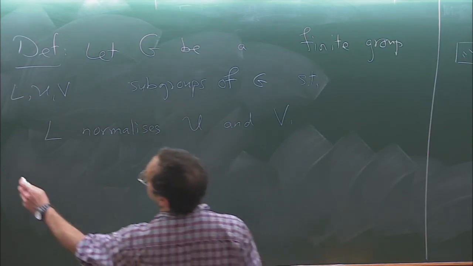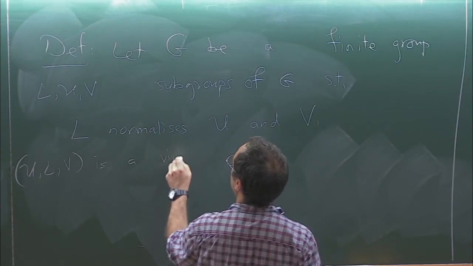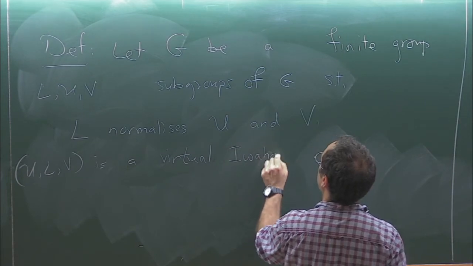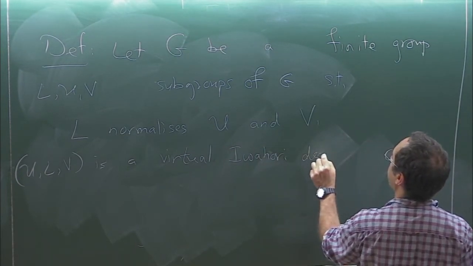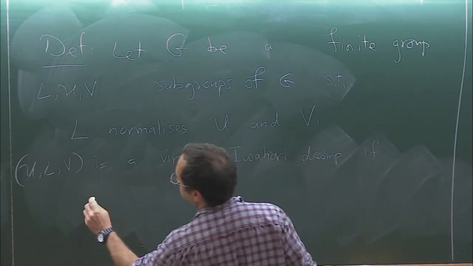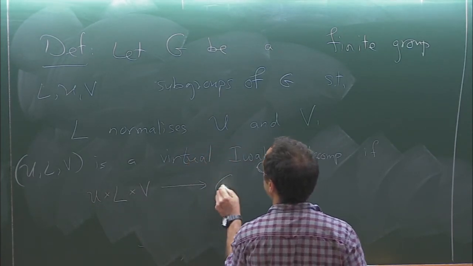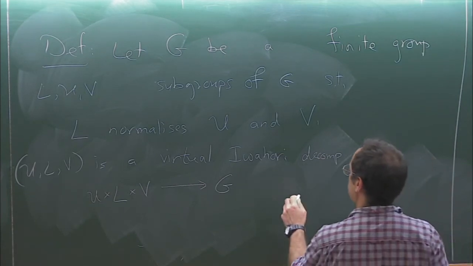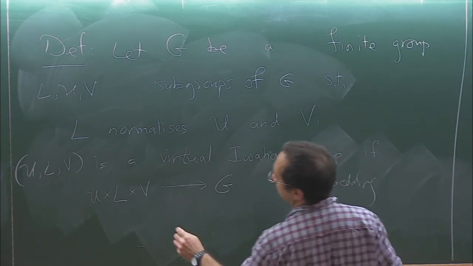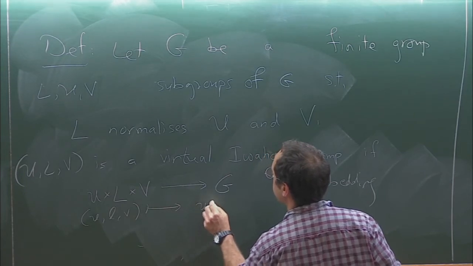We say that U, L, V is a virtual Iwahori decomposition if the map from U cross L cross V, the multiplication map, to G is an embedding. So this is the product map. U, L, V goes to U times L times V.